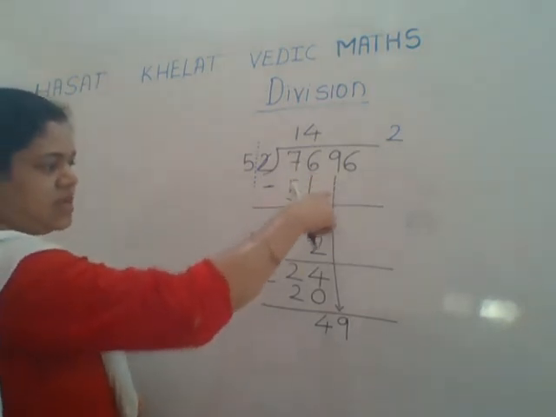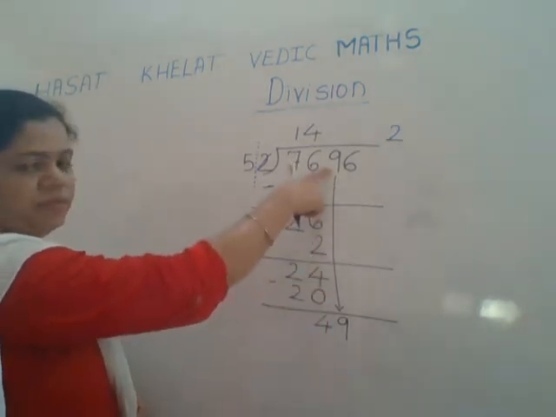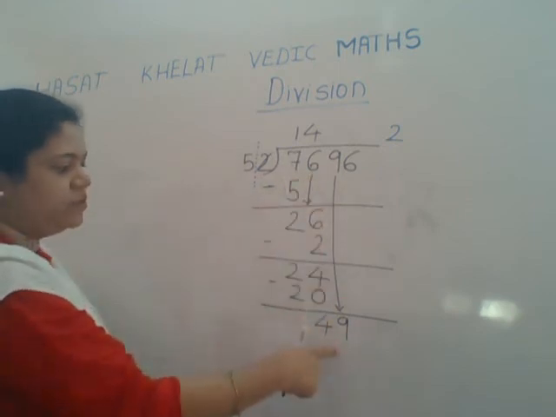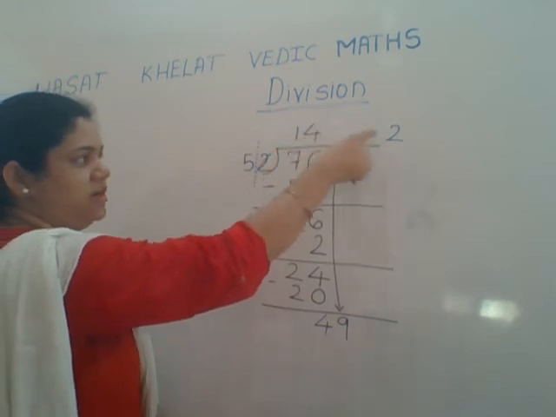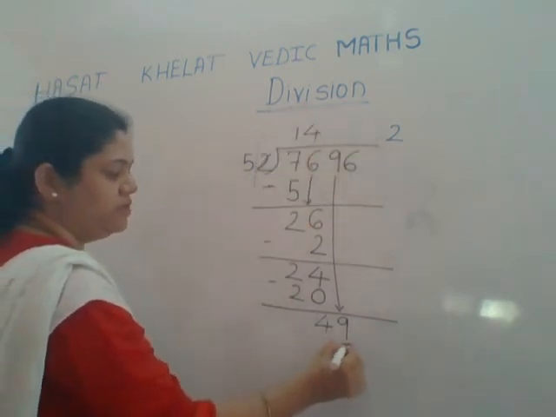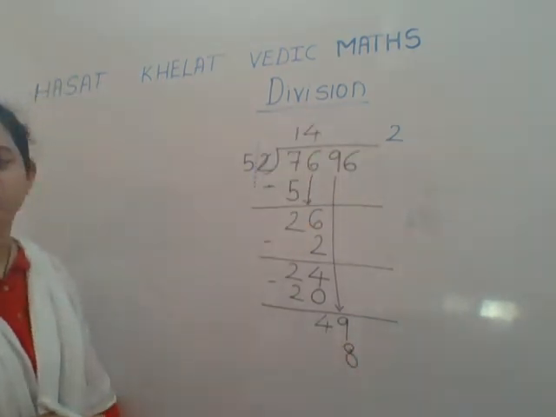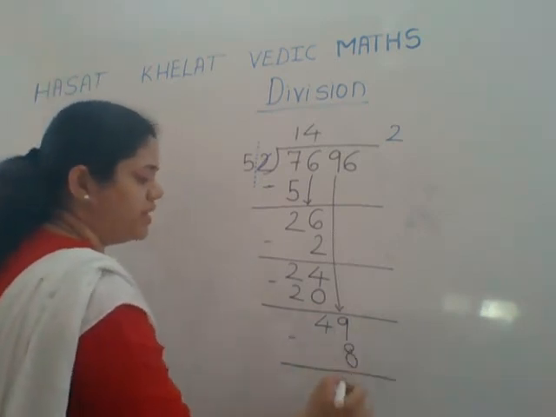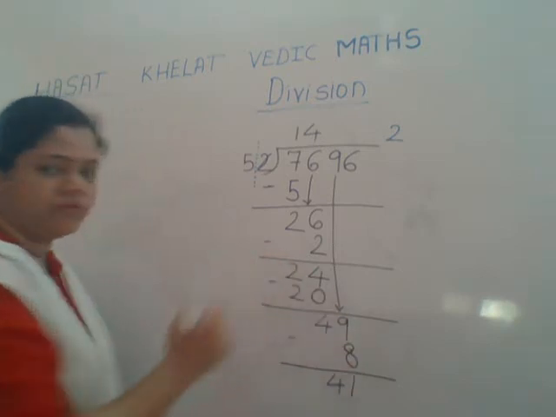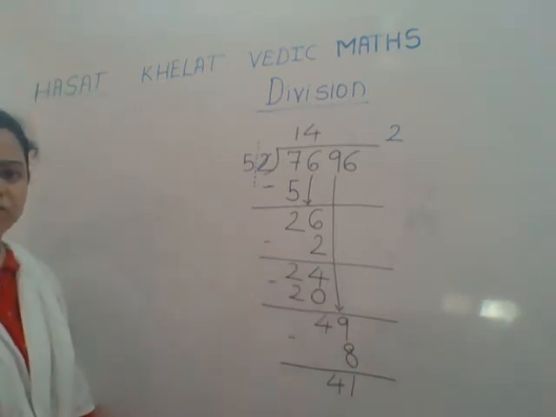Whenever we take a number down from the dividend, what do we have to do? 4 multiplied by 2, it will be 8. After subtracting, this number becomes 41.